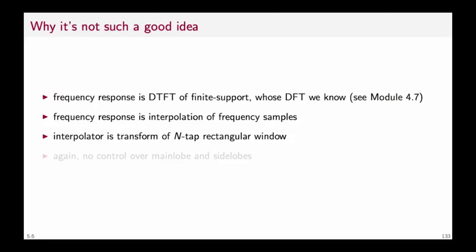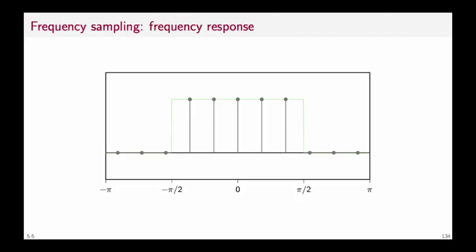The interpolator turns out to be, once again, the transform of an M-tap rectangular window. So we're not really escaping from the indicator function that we used in the impulse truncation method. And because of that, we will have no control over main lobe and side lobes of the interpolator.